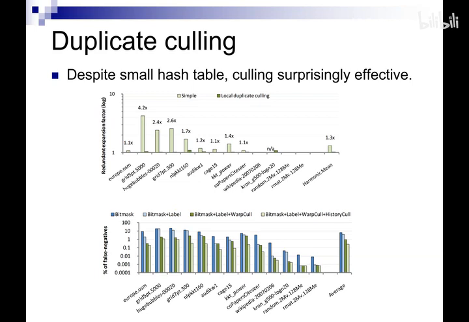And furthermore, on top of that, you can add the per-warp hash table, or you can add the per-block hash table. So what this is showing is that as you add more and more of these methods, you're going to be removing more and more of these unnecessary duplicate nodes. And the overall effectiveness is the average effectiveness of these methods.